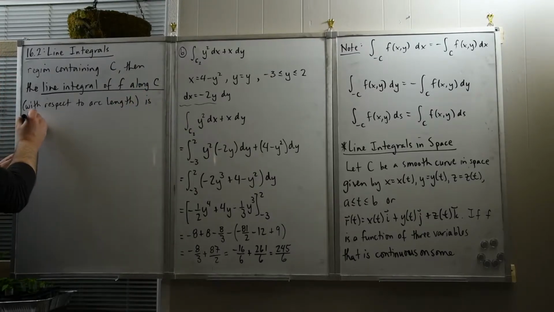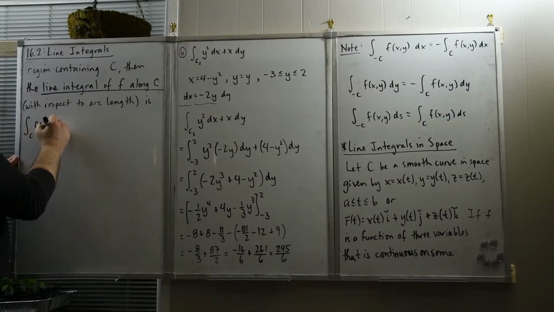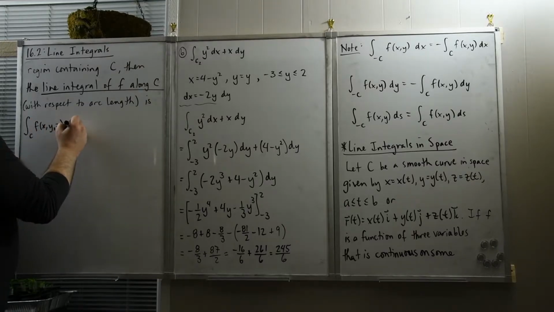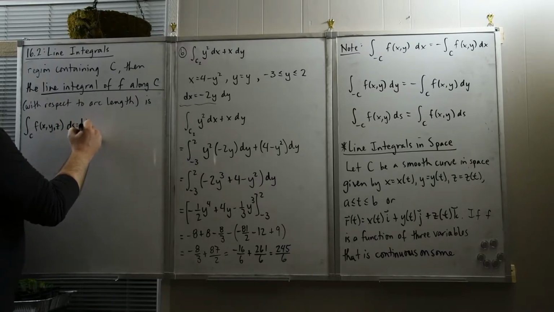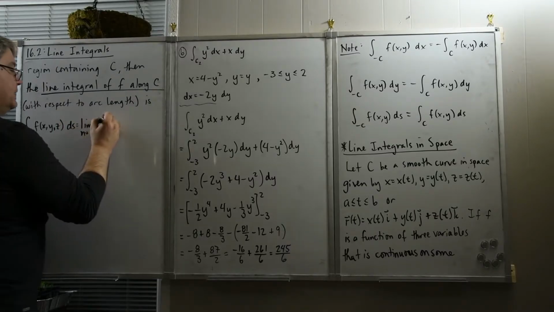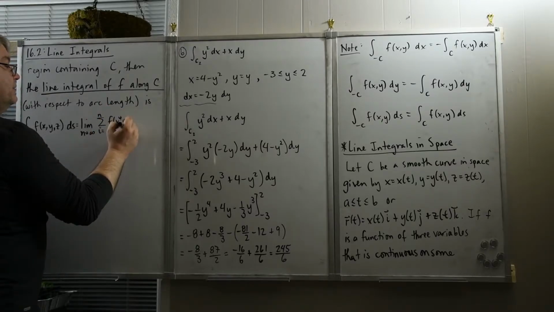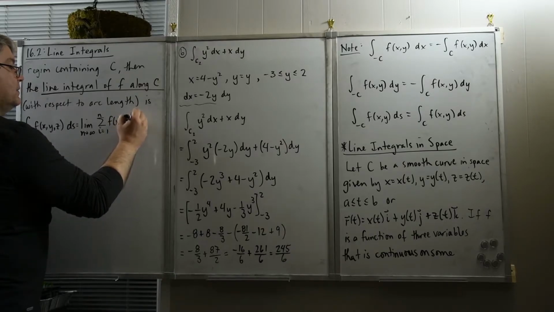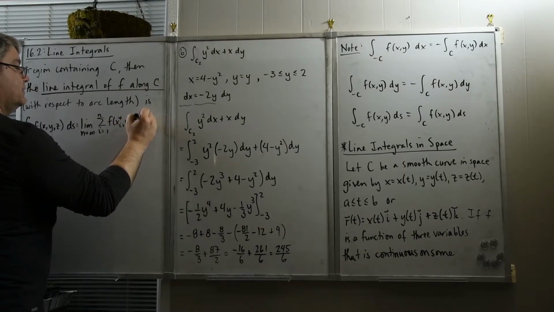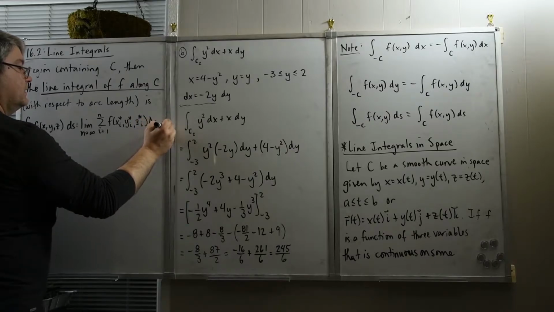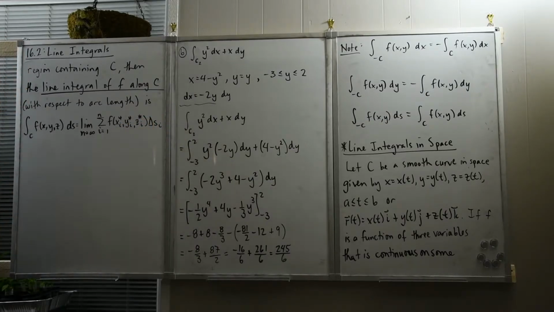So the way this is defined is, the line integral of f along C is a limit as n approaches infinity, summation i equals 1 to n, f of xi star, yi star, zi star times delta si. So a very, very similar representation to what we saw earlier, which probably isn't that surprising.